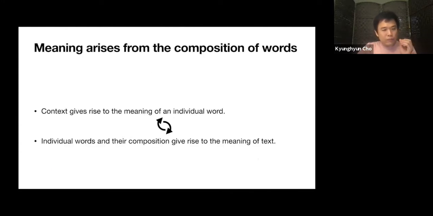So if the meaning of an individual word arises from the context in which it appears, perhaps we can also say that the meaning of the context, that is the meaning of the text itself, arises from the composition of individual words that make up this text.